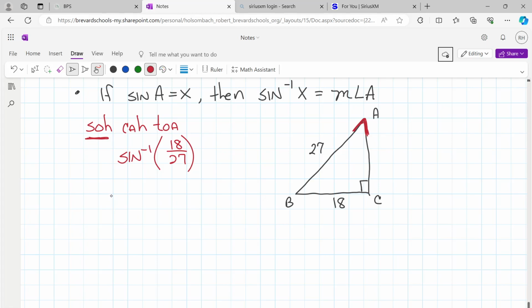So the measure of angle A is equal to, in your calculator, you're going to type 18 divided by 27 and hit equals. Push the second button and then the sine button and hit equals again. And I've got my calculator set to second fix 1, and I get 41.8 degrees.